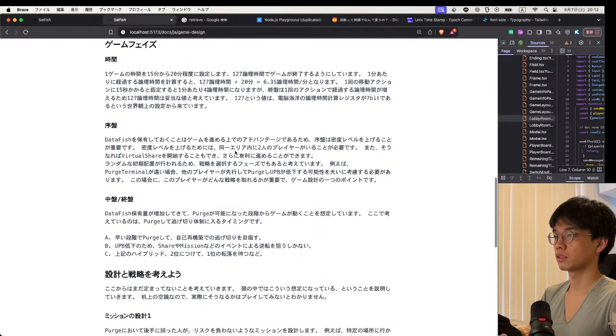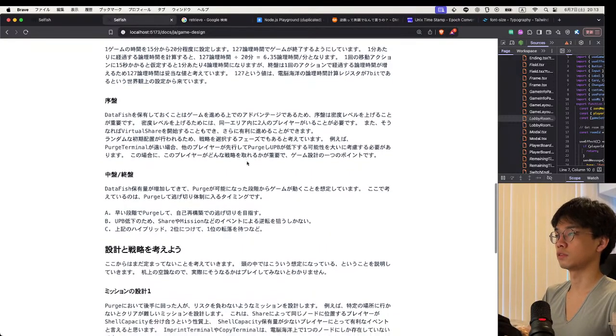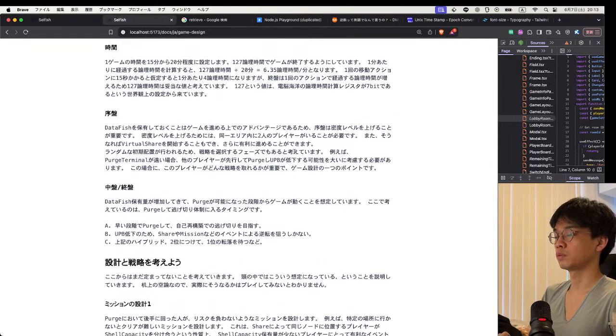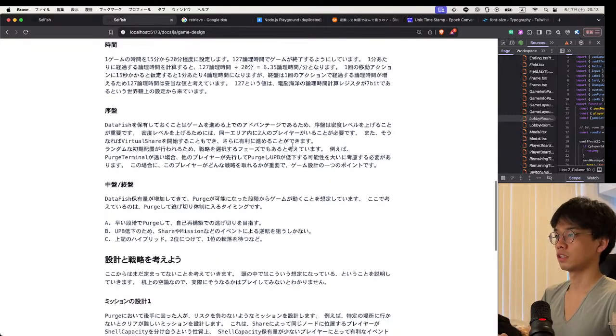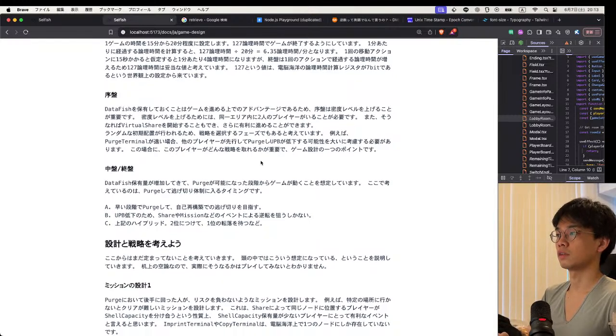So I assume 2 players are going to the same area, and then these players can start the virtual sharing, which makes them take more advantage.